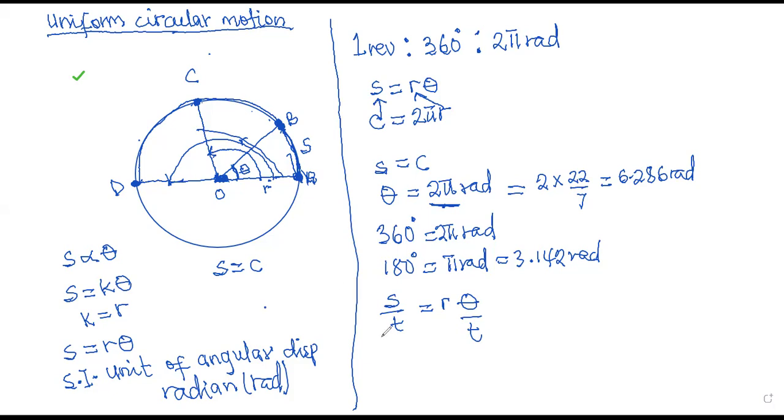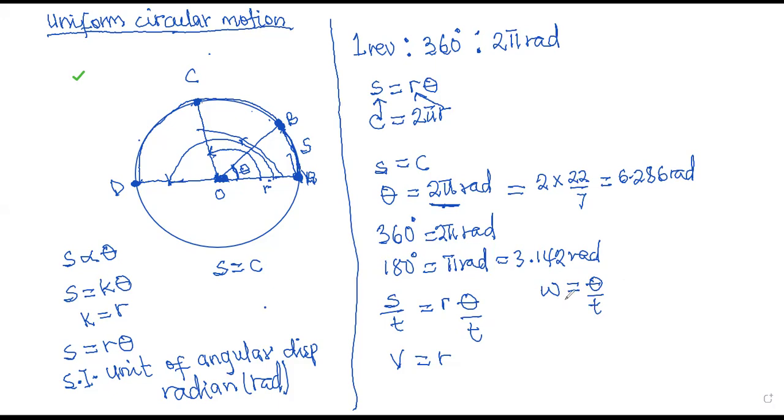And so this gives us the relationship between the linear velocity of the body, or the linear speed, of the body within the circumference, and angular velocity. So S over T, which is displacement over time, gives us velocity, is equal to the radius of the circle times the rate of change of angular displacement theta with respect to time, which gives us what is known as angular velocity or angular speed.